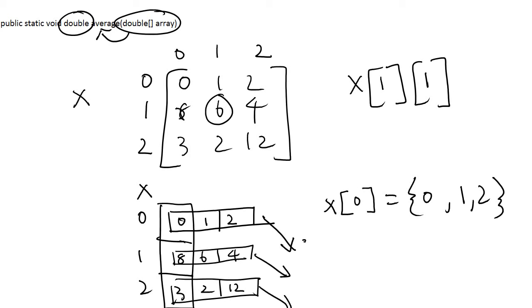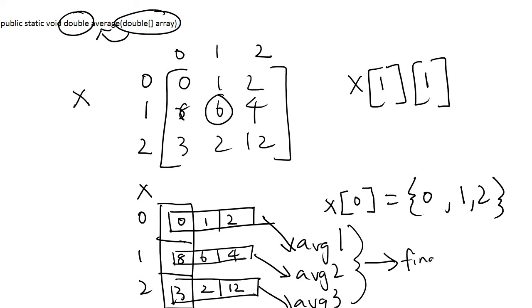So average 1, average 2, and average 3. Now, what happens if you average these 3 guys together? Well, then you'll get a resulting average, which would be the average of all the values that you had in that array. So this would be the final average.